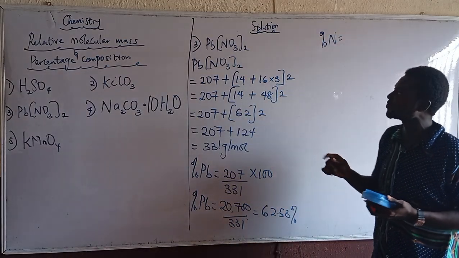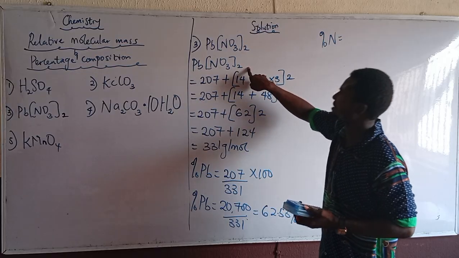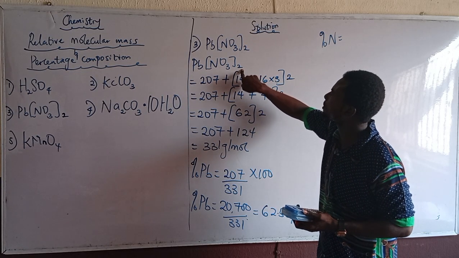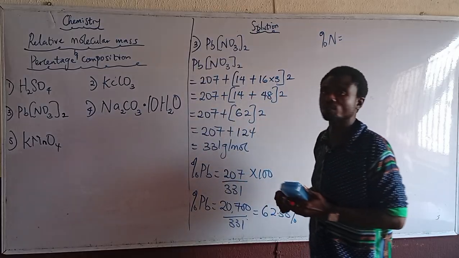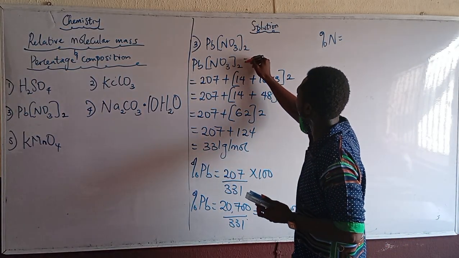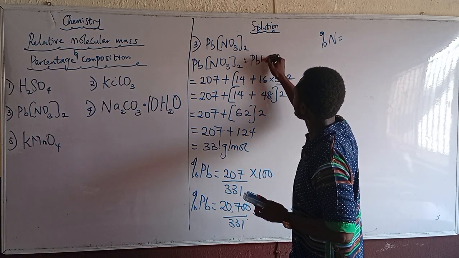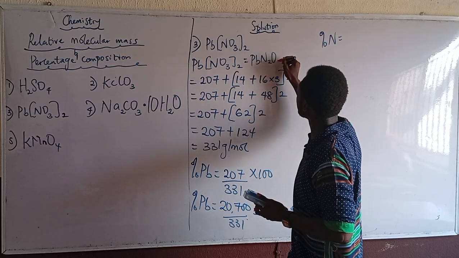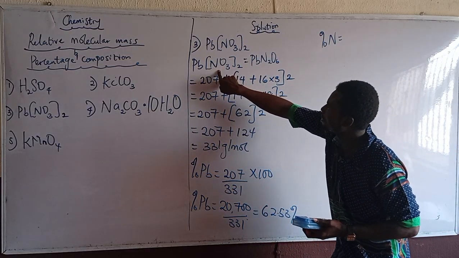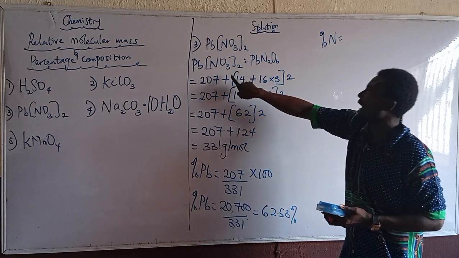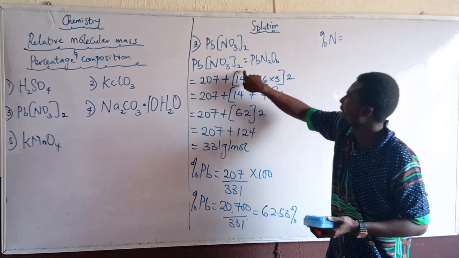So we go to percentage composition of nitrogen. Now, nitrogen is 14, but the 2 outside is affecting both nitrogen and oxygen, which means that this Pb(NO3)2 can also be written as PbN2O6, which means that here is 1 multiplied by 2, and here is 3 multiplied by 2.